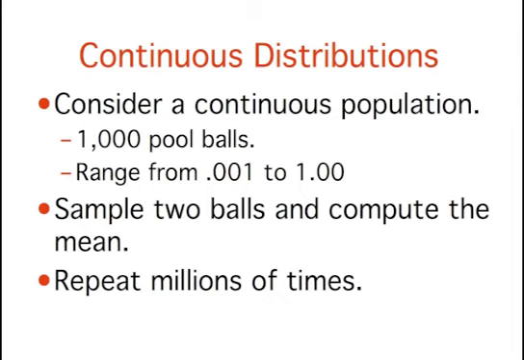In the previous examples, we started by computing the mean for each of the 9 possible outcomes. In this case, we would have 1 million possible outcomes. It sounds like it would be very tedious. Instead, we can use our second conceptualization of sampling distributions. Specifically, we use the relative frequency distribution that would occur if samples of two balls were repeatedly taken and the mean of each sample computed.